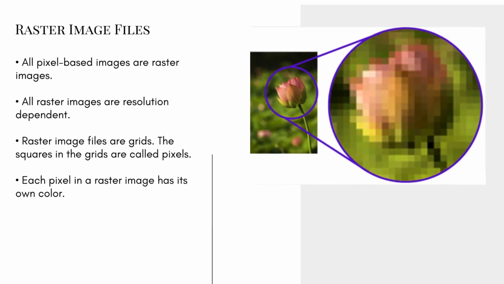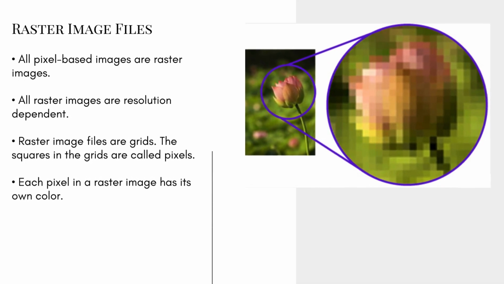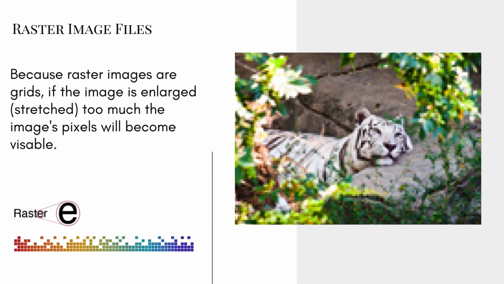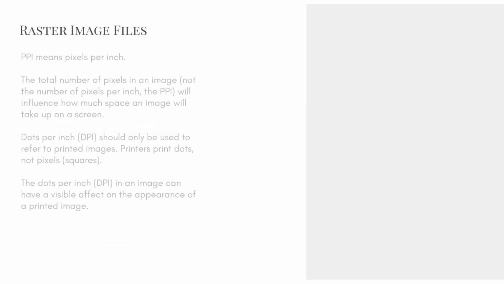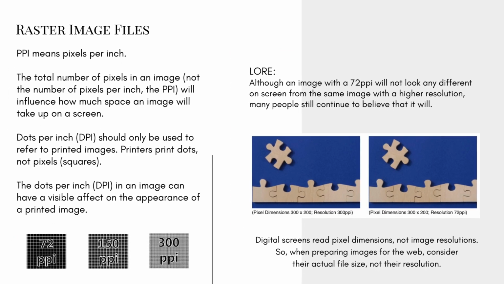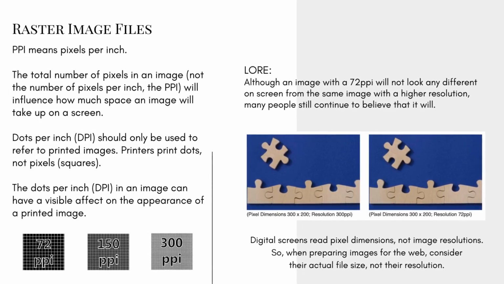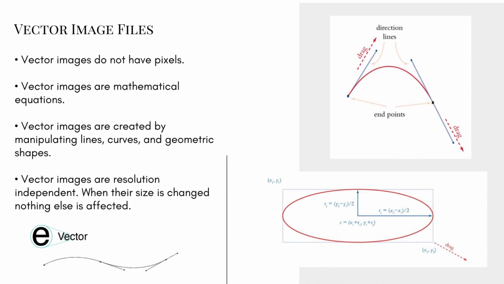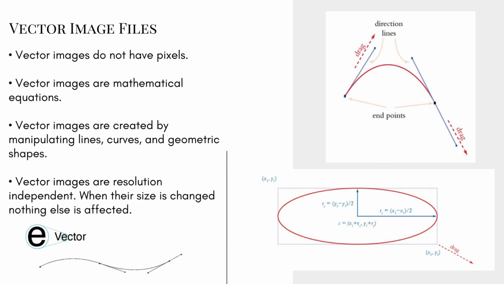All pixel-based images are raster images, and they are all resolution dependent. Each square pixel in a raster image has its own color. Raster images are grids. The squares in the grids are called pixels. Vector images do not have pixels, and vector images are resolution independent.